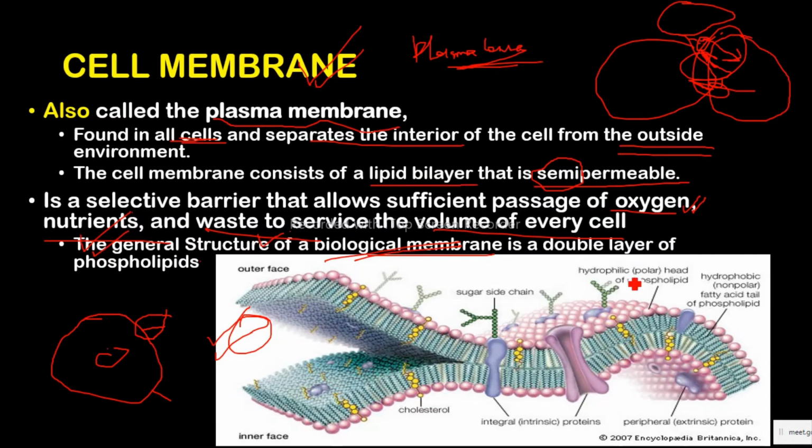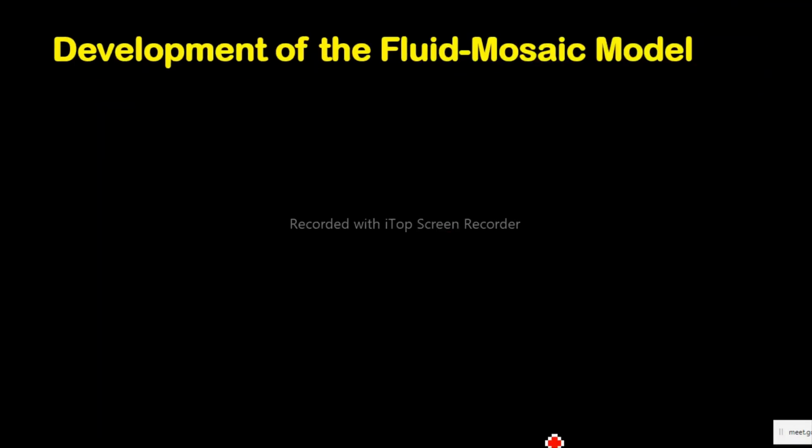Now, for you to see this, you may think it is easy. They just woke up one day and they were like, yeah, the membrane is like this. It's not like that. People did research. People carried out work to come up with the present model of a cell membrane, which is called the fluid mosaic model.